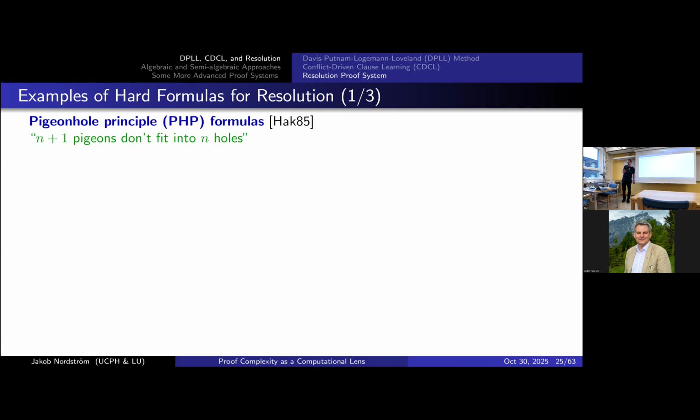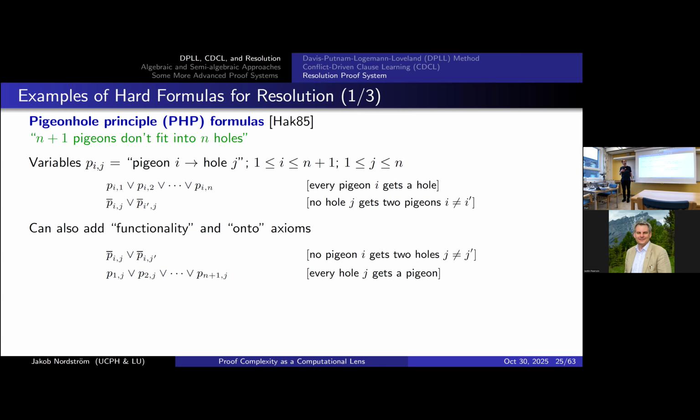Now let me review some theoretical benchmarks that are known to be hard for resolution. If you're going to follow the later theoretical lectures in this proof complexity course, these are things that we will prove later, but today we'll just state the result. The most famous formula in all of proof complexity is the pigeonhole principle, which says that n+1 pigeons don't fit into n holes if every pigeon wants its own hole.